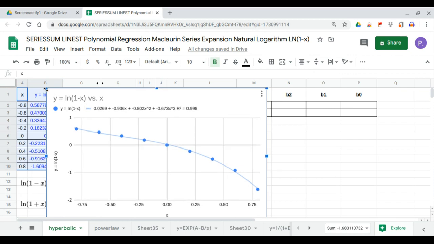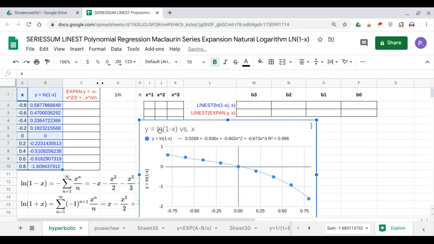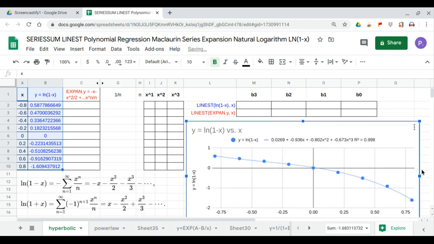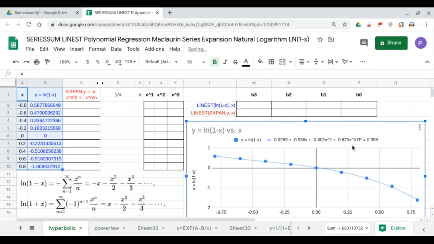And we'll calculate these coefficients of B0, B1, B2, and B3. We'll calculate these values of coefficients using LINEST. To do that, we have to fill up the x column, the x squared column, and the x cubed column so we can enter the LINEST.